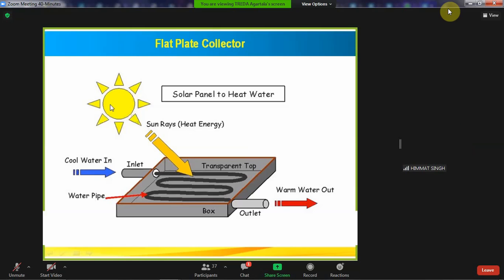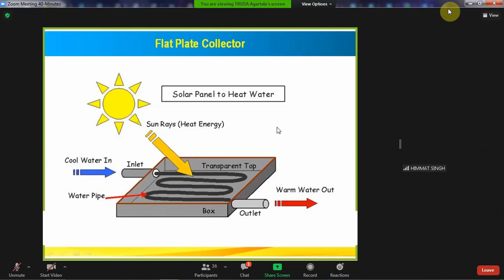When the sun falls on the surface of the collector, this black collector, the sun rays are absorbed by the collector, and the water is automatically heated because it runs through so many parts within the collector itself. That's why it is heated and goes to the hot water storage.